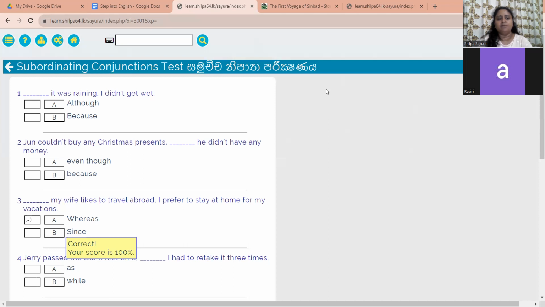Whereas my wife likes to travel abroad, I prefer to stay at home for my vacations. These are two contrasting ideas. His wife likes traveling, but he prefers staying home. So you cannot say since, whereas, right? Contrasting.